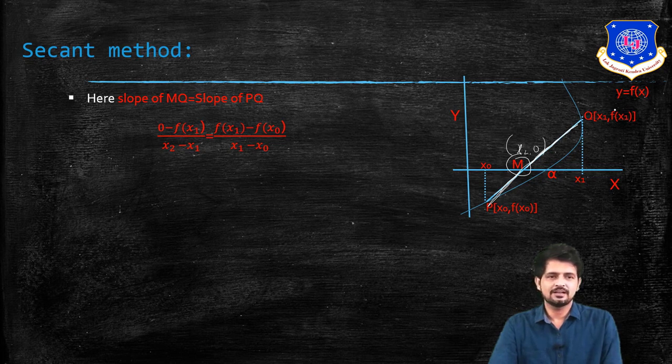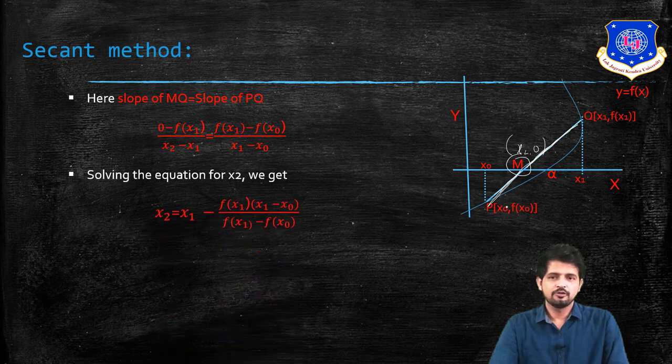So 0 minus f of x1 divided by x2 minus x1 is the slope of MQ. Similarly, the slope of PQ is the difference of y coordinates upon difference of x coordinates, so f of x1 minus f of x0 divided by x1 minus x0.